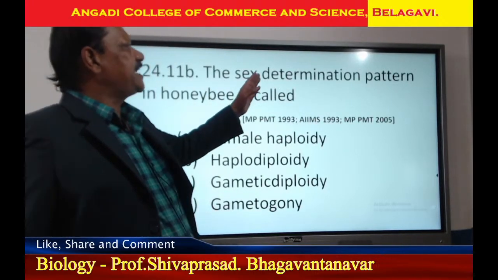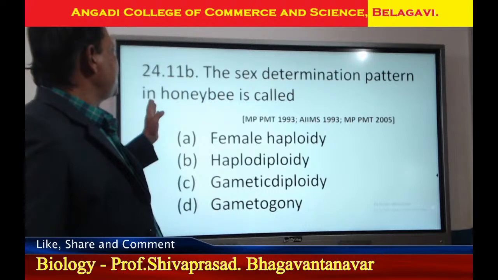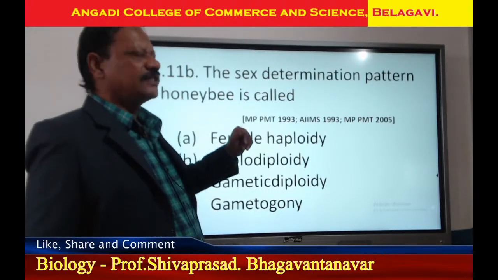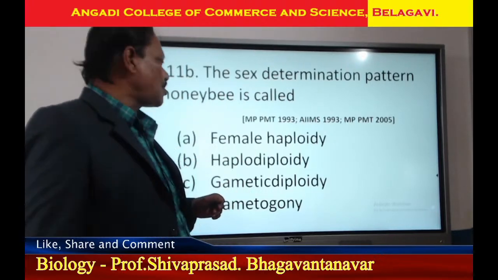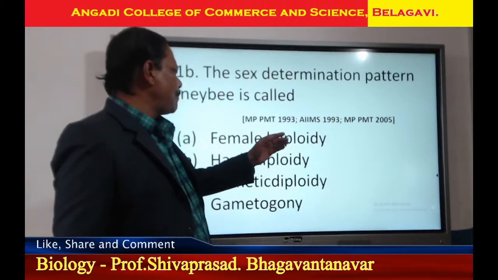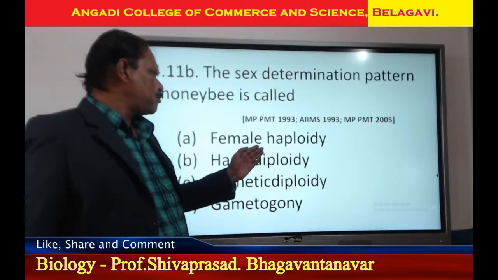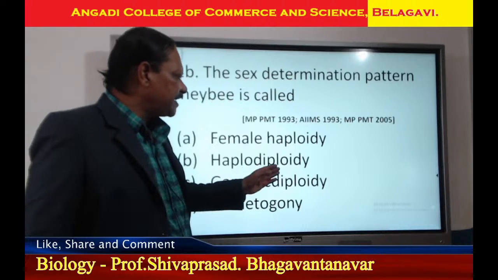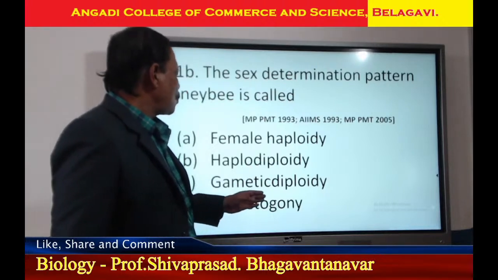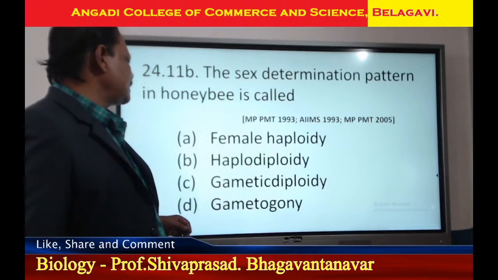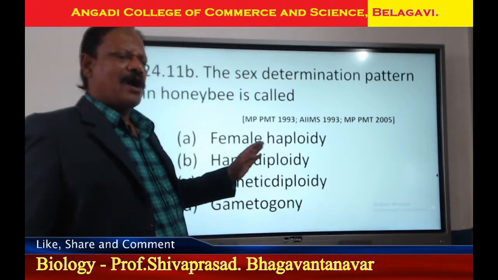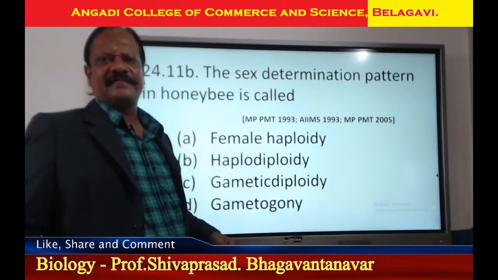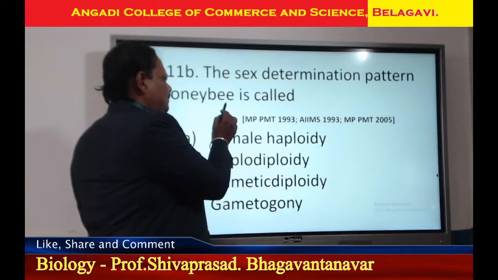Sex determination in honeybee is called: female haploidy, haplodiploidy, gametic diploidy, or gametogony. Here the right answer is haplodiploidy, option B. We'll move to the next.